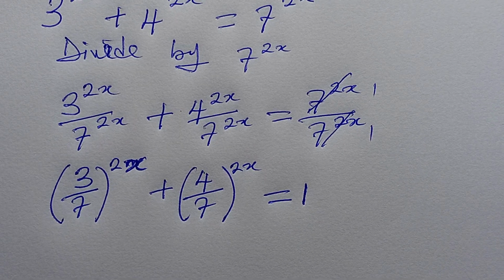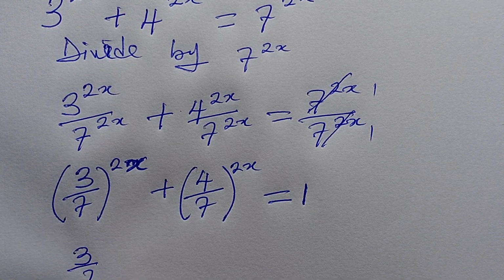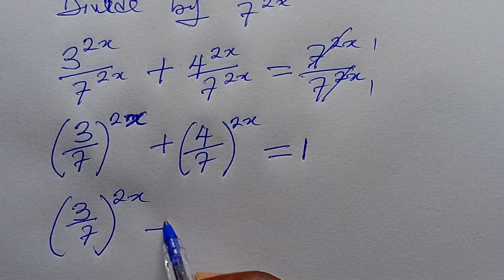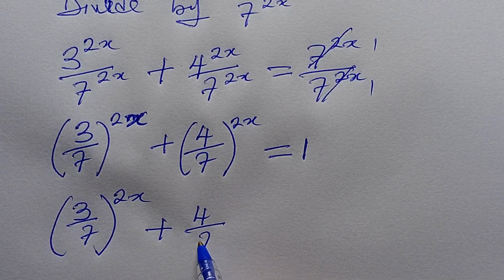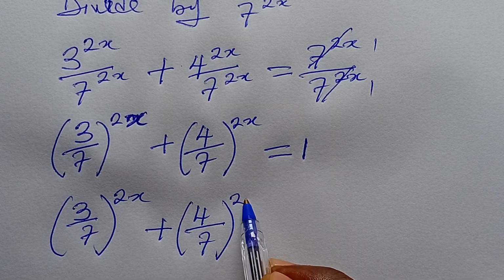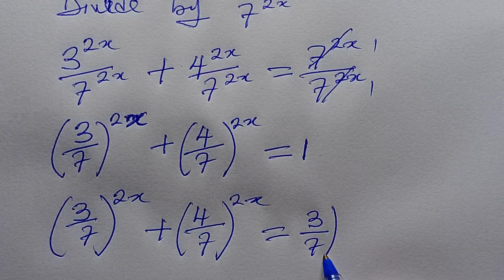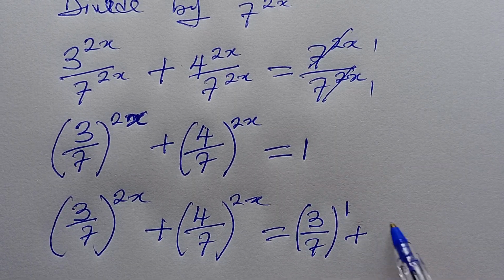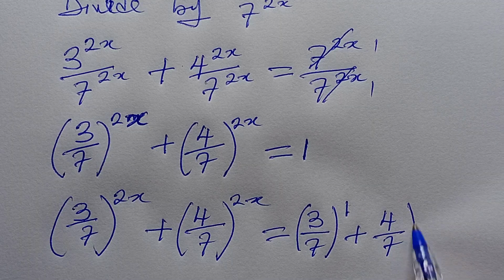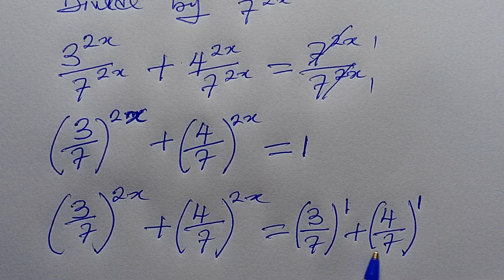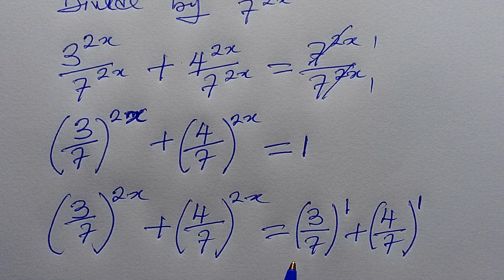And so this is going to give us 3 all over 7, all to the power of 2x, plus 4 all over 7, all to the power of 2x. This is equal to 3 all over 7, all raised to the power of 1, plus 4 all over 7, all raised to the power of 1 also. If we find the LCM, it will give us 7. So this is going to give us 3 plus 4 all over 7, which is equivalent to 7 all over 7, to give us 1.